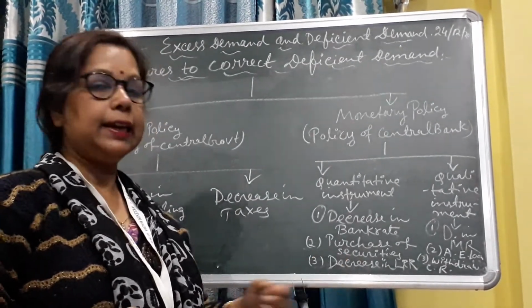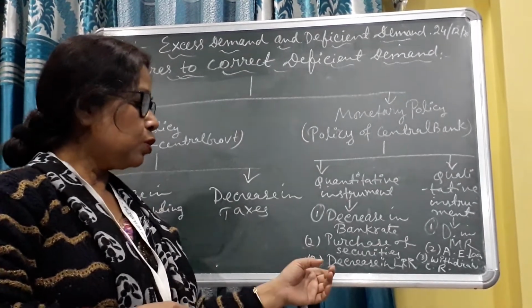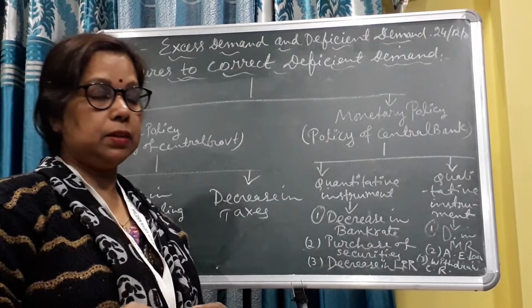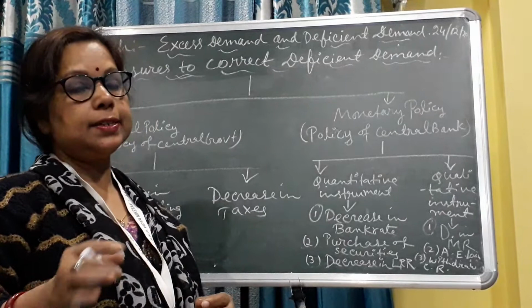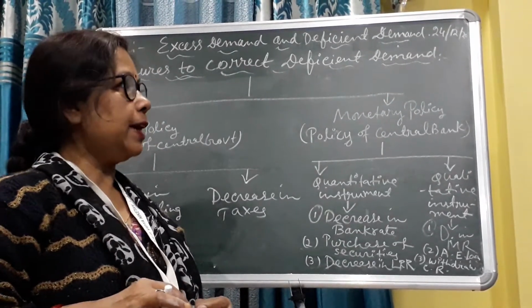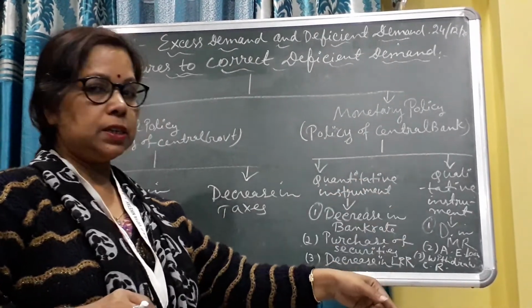Next, decrease in LRR. LRR has 2 parts: CRR and SLR. When CRR, the cash reserve ratio, decreases, when the central bank decreases CRR, then money supply increases in commercial banks, automatically aggregate demand increases and deficient demand is controlled. Next, qualitative instrument.